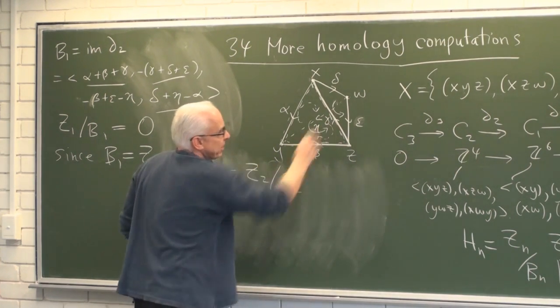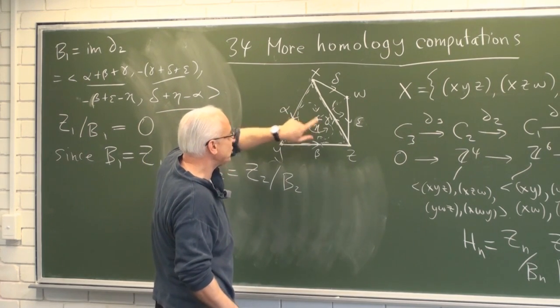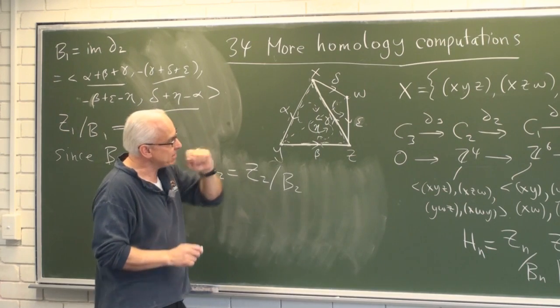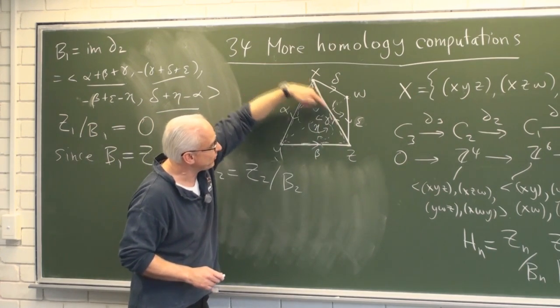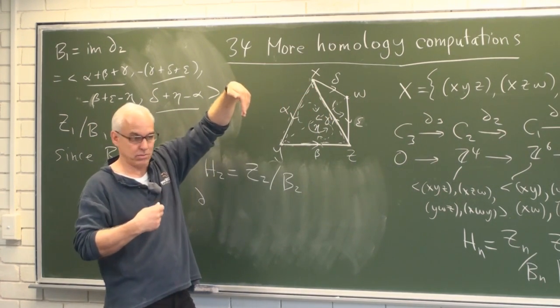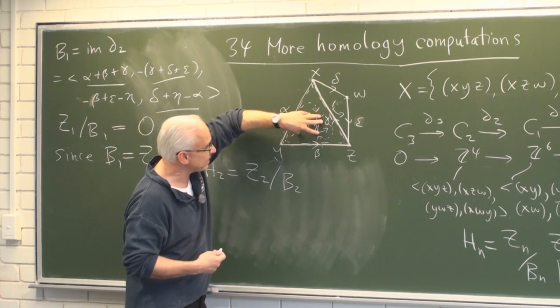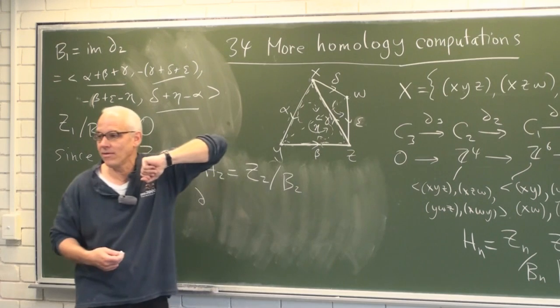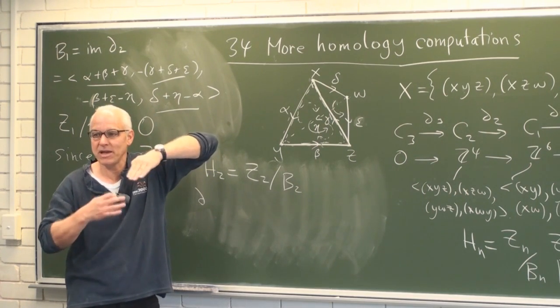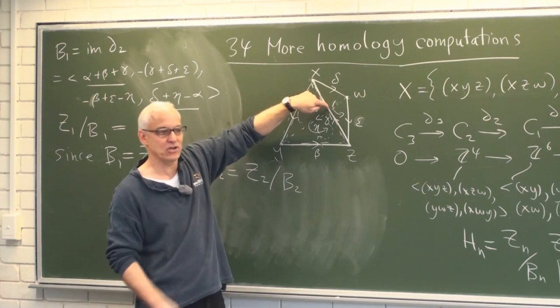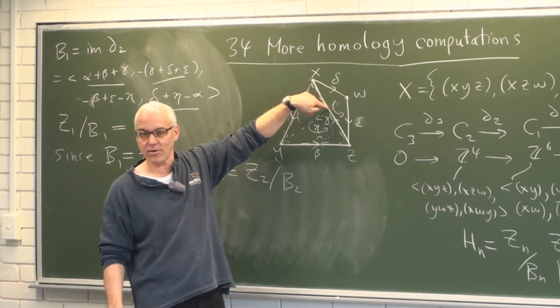The way I've set it up, I've got the orientation of this edge going this way and the other edge going in exactly the opposite way. That means the only way the contribution of this edge to the sum will be zero is if the coefficients of this face and this face are equal. They have to appear equally so that there's cancellation and the coefficient of this edge in the sum is zero.